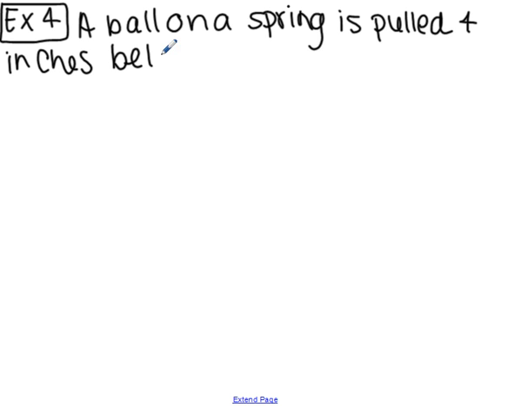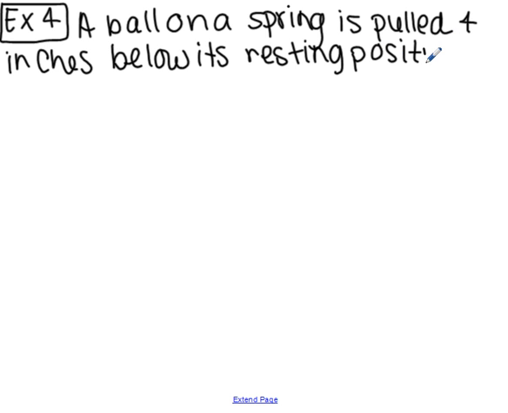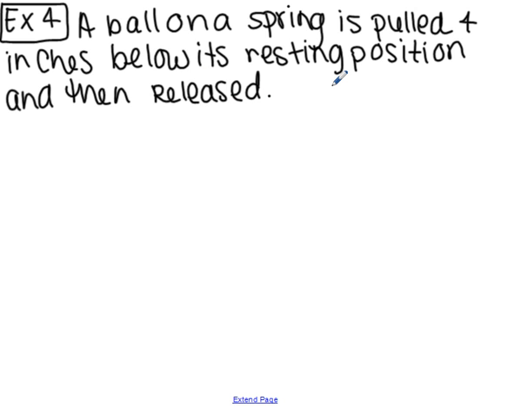A ball on a spring is pulled 4 inches below its rest position and then released. The period of the motion is 6 seconds.